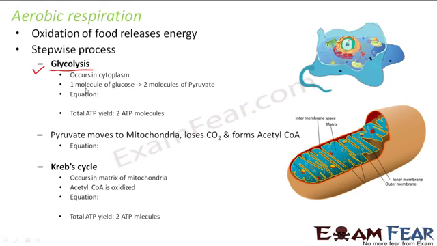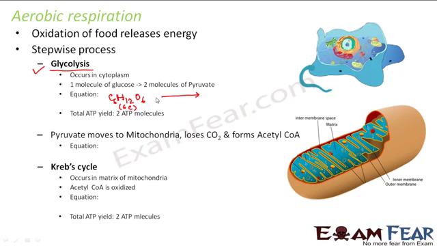In both of them, first of all, what happens is in the cytoplasm, one molecule of glucose gets converted into two molecules of pyruvate. What is pyruvate? It is nothing but pyruvic acid. So a glucose molecule, that is C6H12O6, this glucose molecule is a 6-carbon molecule, because there are 6 carbons present in this.